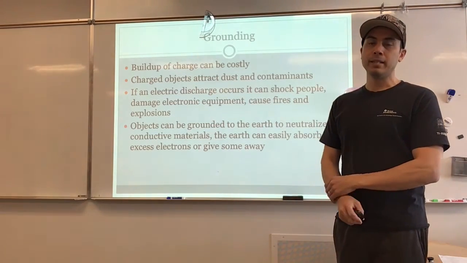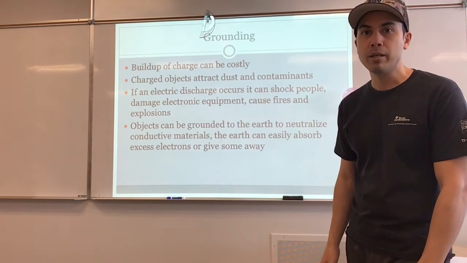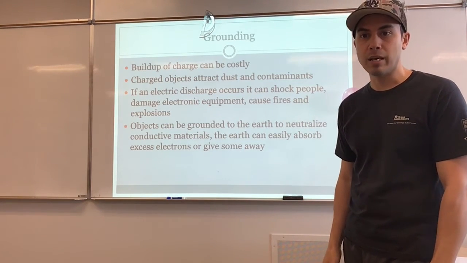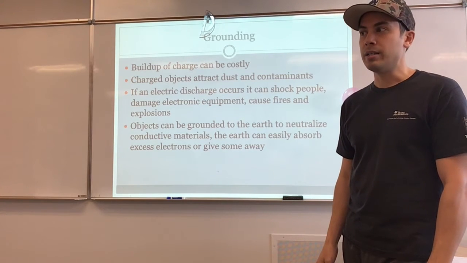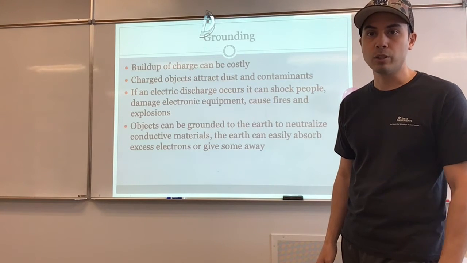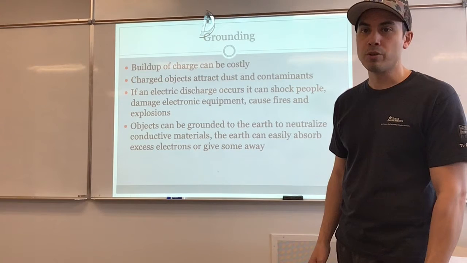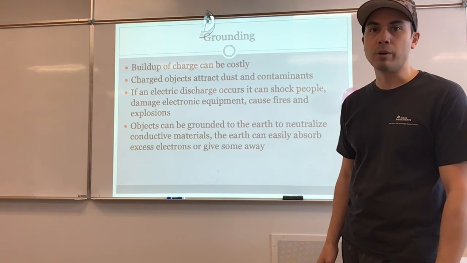If we get electrical discharge when we don't want it to happen, it can be costly. It can cause damage to circuit boards and electrical equipment, and even to humans. So we do something called grounding.